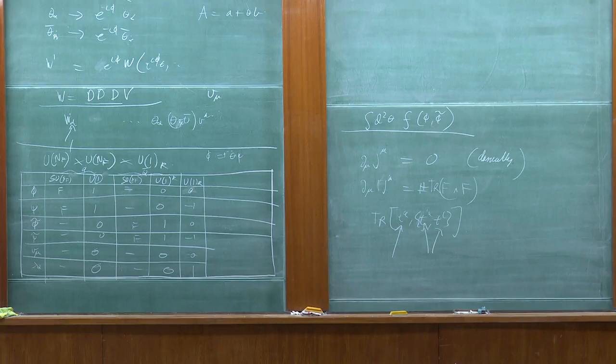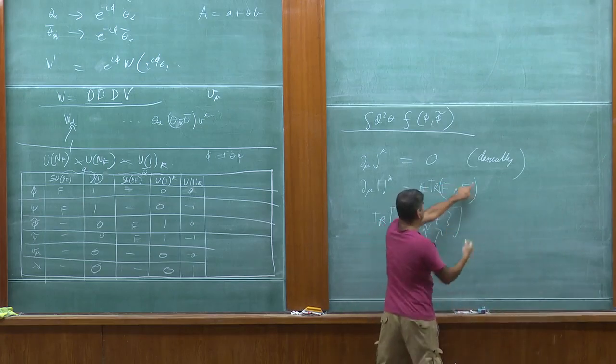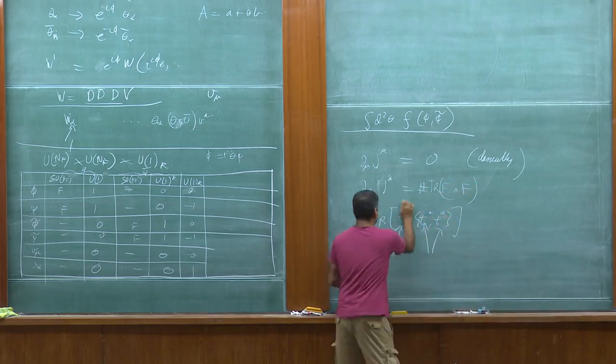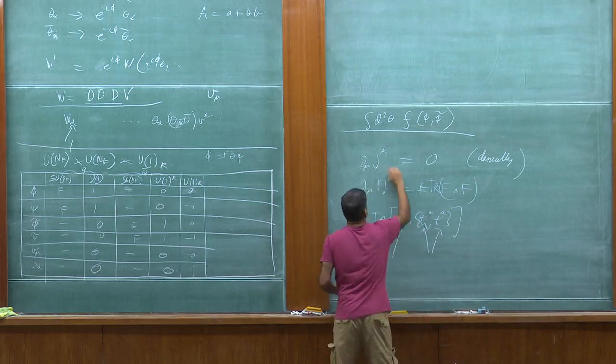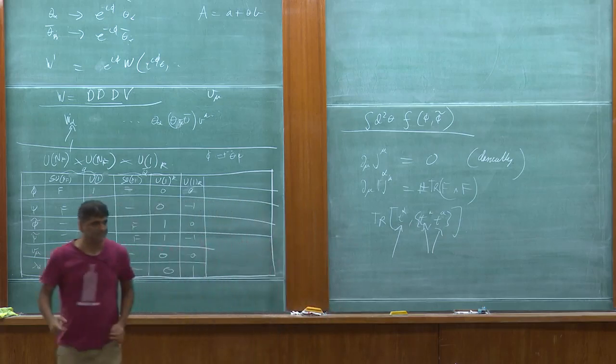In this case, these two indices will be contracted because here we are contracting them, and this index alpha will be the index alpha of the current J^α.